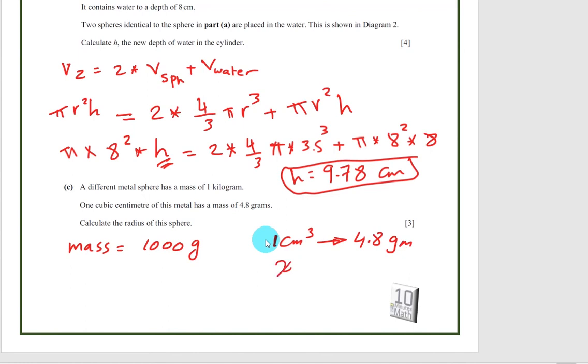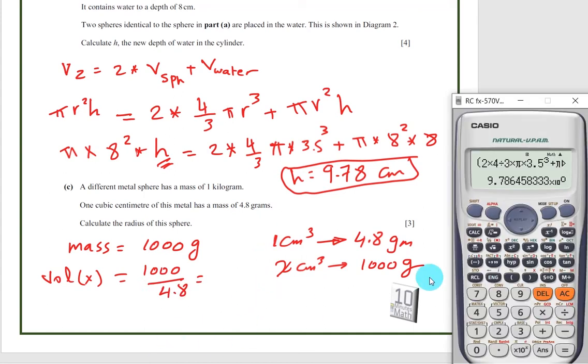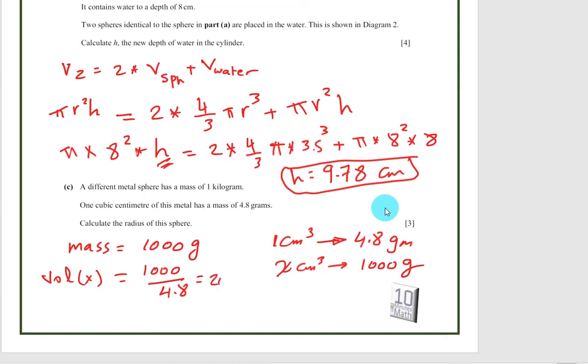So x centimeters cubed has 1000 grams. So the volume x is equal to 1000 divided by 4.8. So the total volume is equal to 208.3.